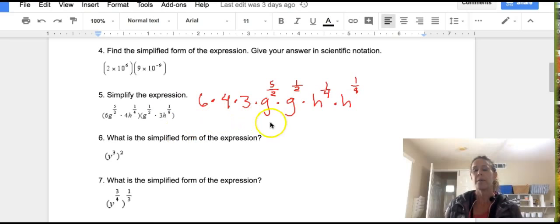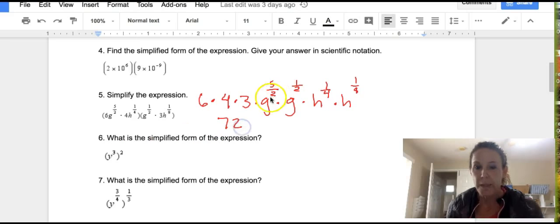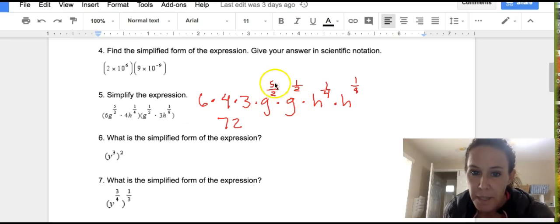All right, now I'm going to go ahead and do my multiplication. Let's go 6 times 4 times 3. And that's going to give me 72. And then since I have the same base here, I can add exponents. Now, the beauty of this is when I have the same base and I'm adding exponents, these have a common denominator.